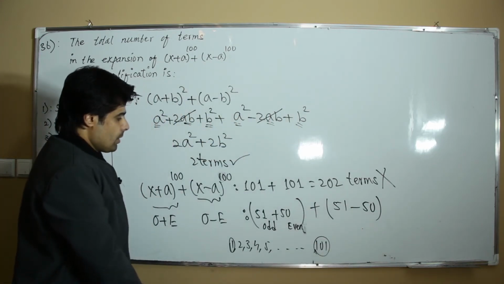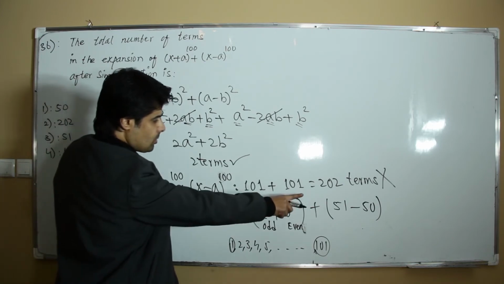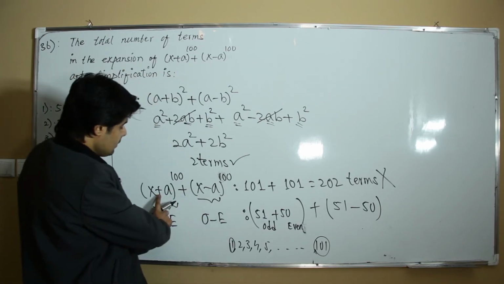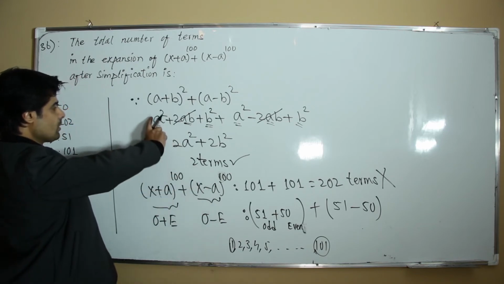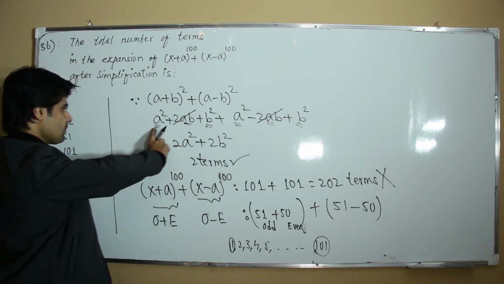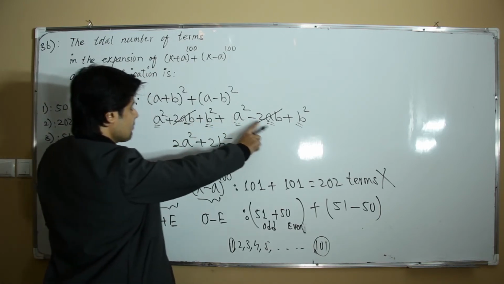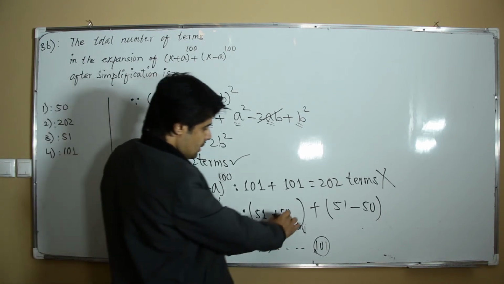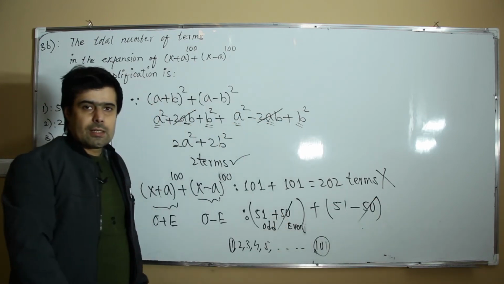And you know, the odd terms for the first bracket and the odd terms for the second bracket are same. The even terms of this one and the even terms of this one are same. Look here, the first odd term with the odd term is same. Even term with even term is same. Odd term with the odd term are same. So we can say that this 50 with this 50 is cancelled.